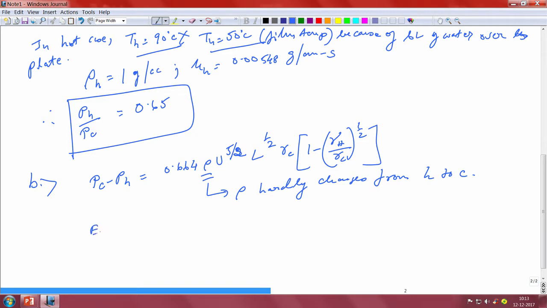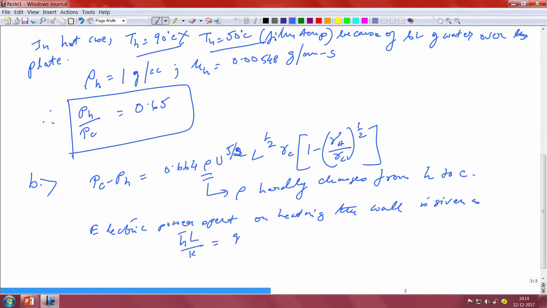Similarly, the electric power spent on heating the wall is given first and foremost as h bar L by k, q double prime delta T L by k, which is about 0.664 Prandtl to the 1/3 Reynolds number L to the power of half.